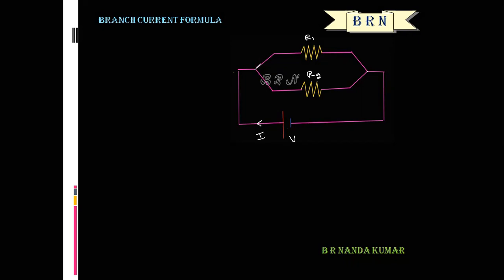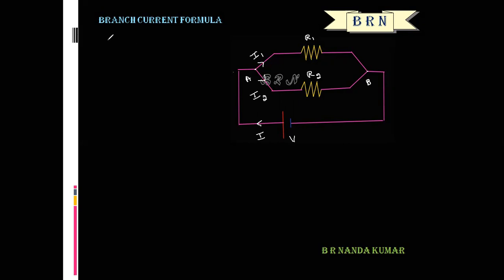At this junction, what happens? Let us consider this junction as A, this junction as B. So I is divided into two parts. This is a current divider circuit. So I1 is the current flowing through R1, I2 is the current flowing through R2.